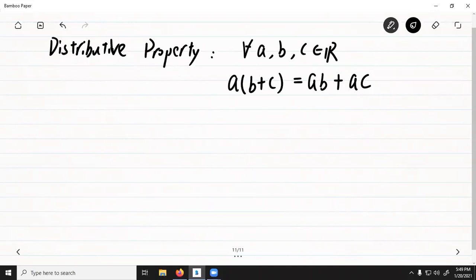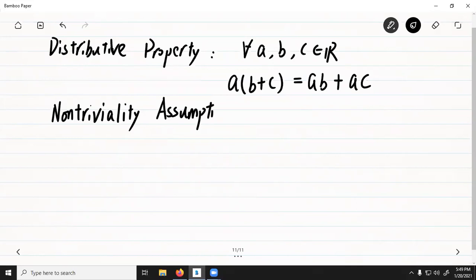The next one is the non-triviality assumption. That means the multiplicative identity 1 is not the same as the additive identity 0.